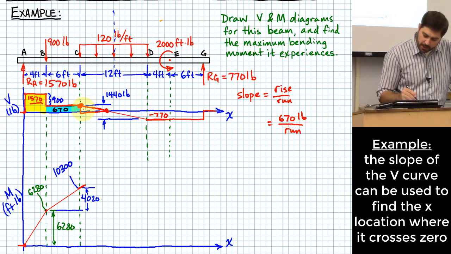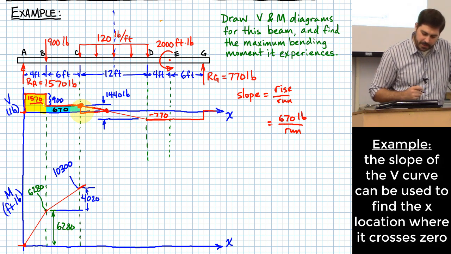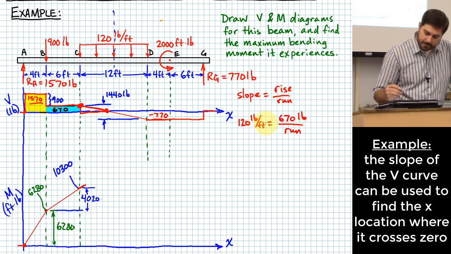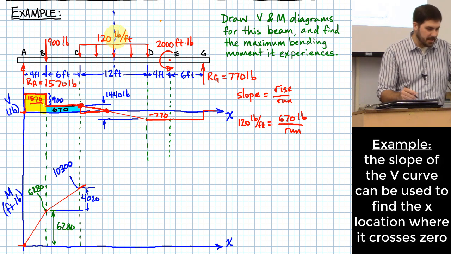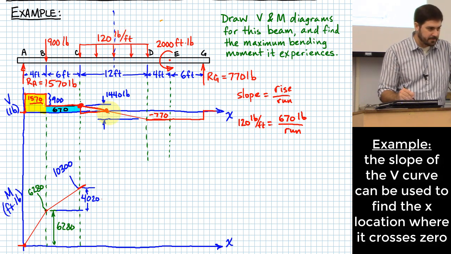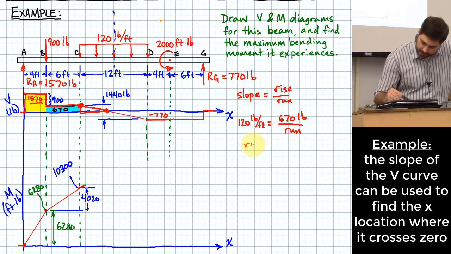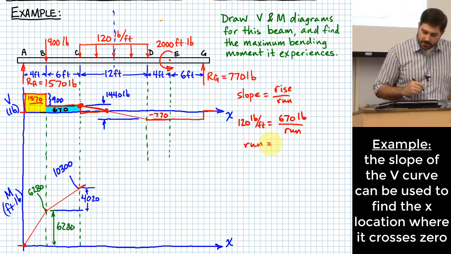We also know the slope is what? We don't care about the sign particularly at this point. The slope is going to be 120 pounds per foot, because remember, the value of the w of x curve is the slope of the v of x curve. So what is that little run? It's just going to be equal to 670 pounds divided by 120 pounds per foot.